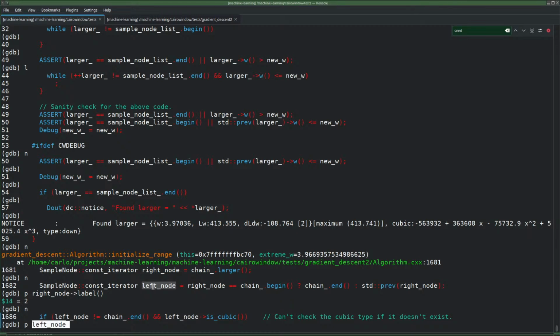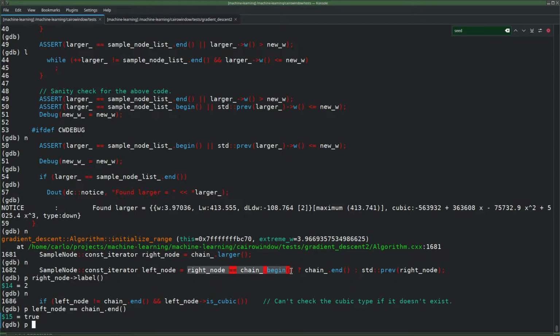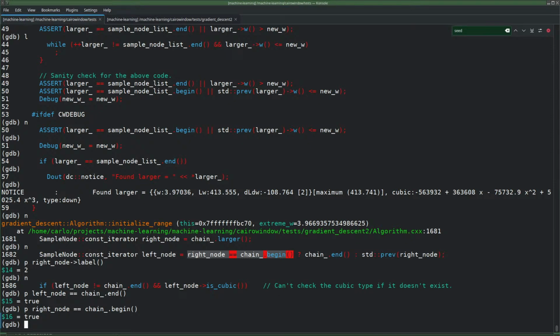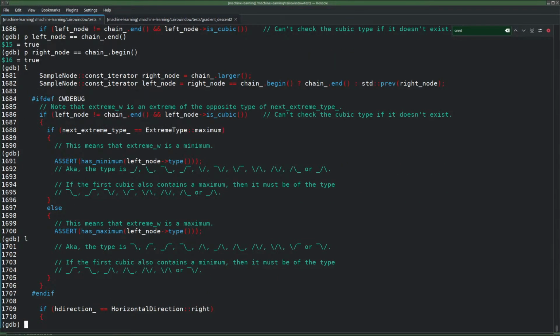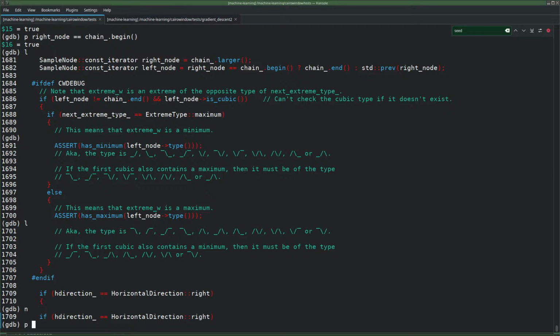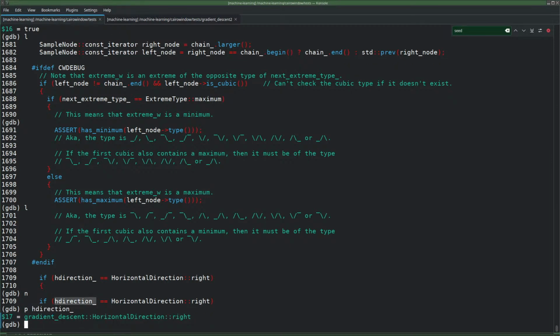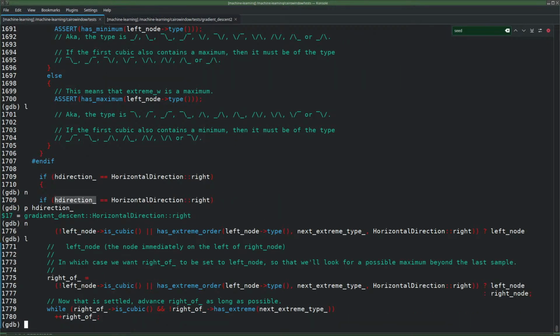So left node is equal to chain end, and right node is equal to chain begin. Then we say if left node is unequal chain end and is a cubic, but this is just a debug check, so we skip that. It's H direction, well we're going to the right, so I think that's a yes. And now I'm dereferencing left node. What the hell?